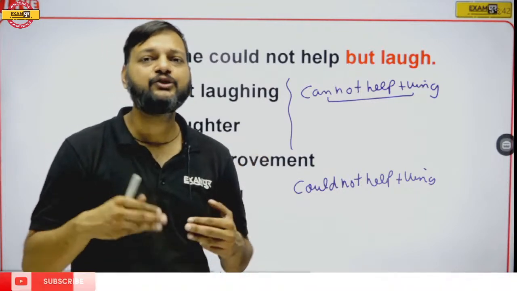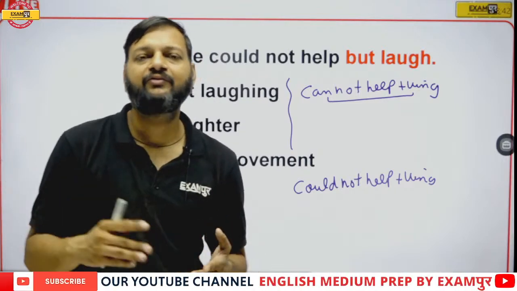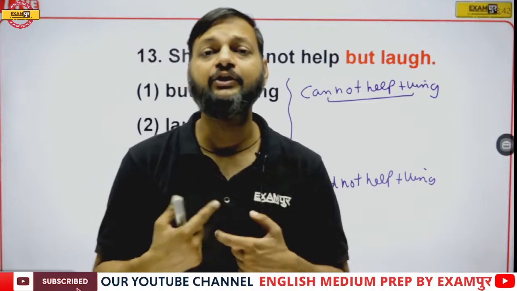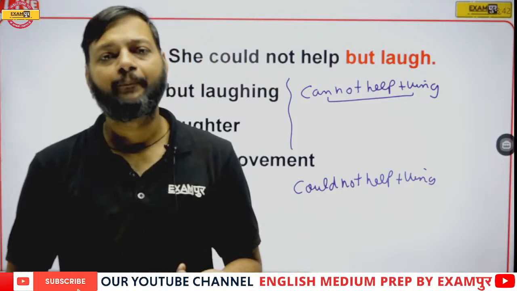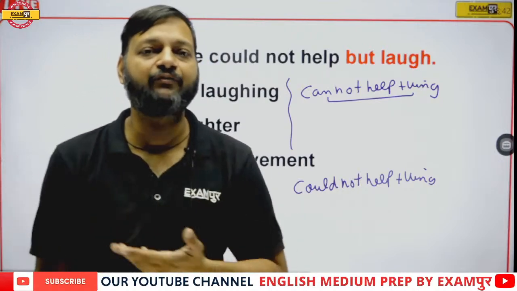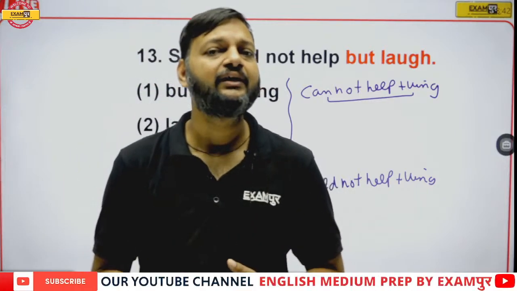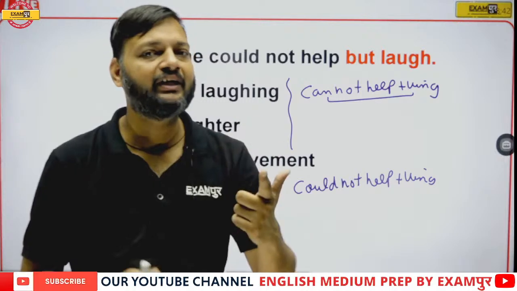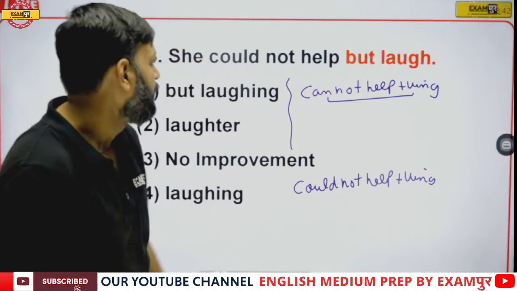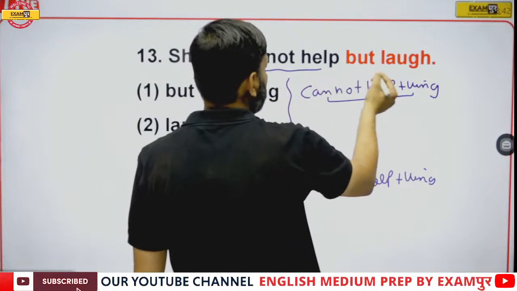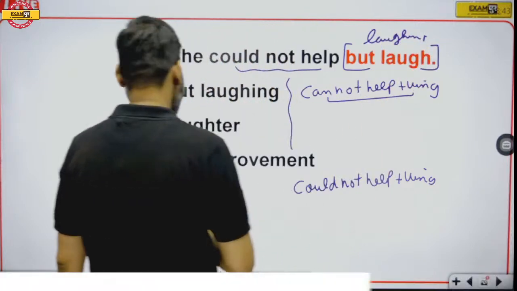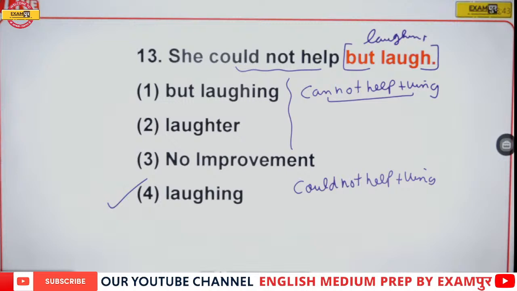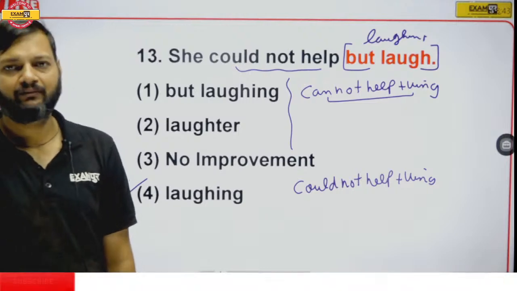For example, seeing Johnny Lever on screen, I cannot help laughing. I cannot help laughing means that I cannot stop laughing. Whenever I see Johnny Lever on a screen, I start laughing. So here could not help is already given, but laugh will be replaced by laughing. Okay, so here option number 4 is the right answer. I could not help laughing means I start laughing.